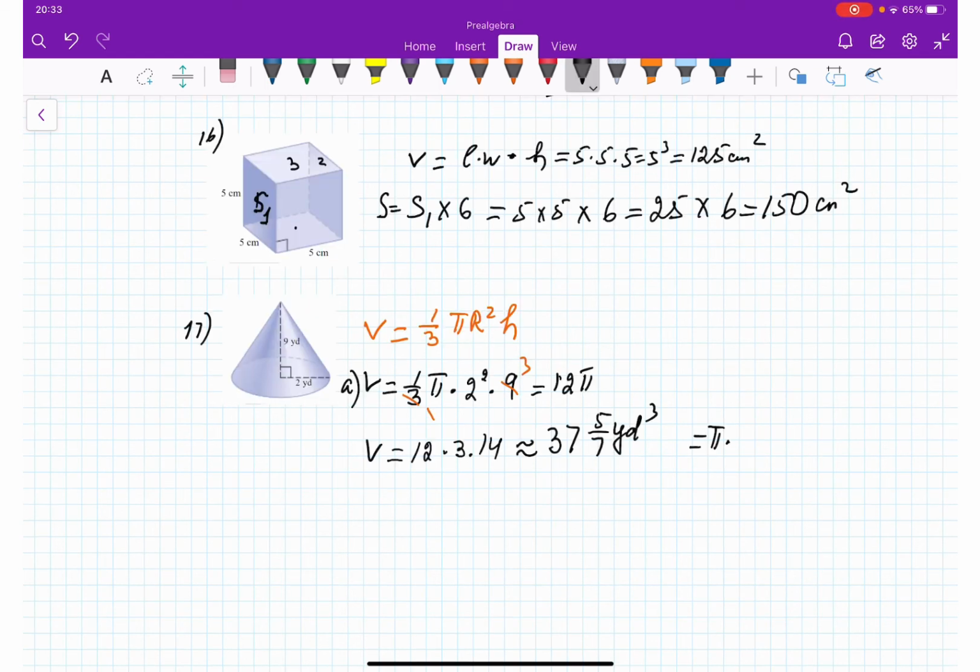And now we are going to find the area of the surface, which is equal to pi r square root of r squared plus h squared, plus pi r squared.